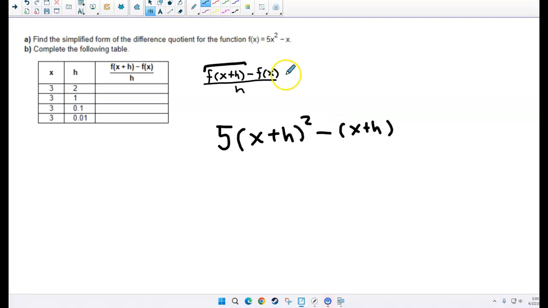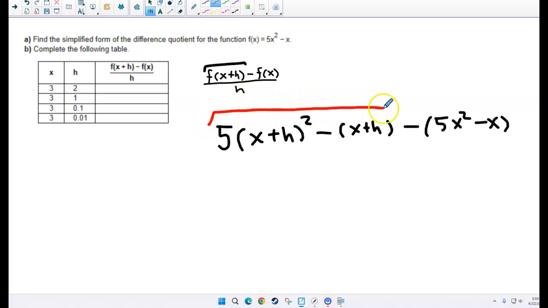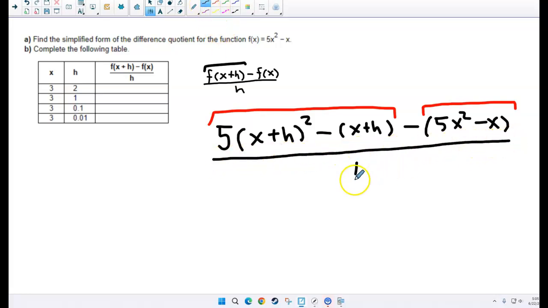It's made up of two terms here. And then we'll subtract f of x. So f of x is just the function, and the function is two terms, so we'll put it in parentheses since we're subtracting. We've got 5x squared minus x. So here, this piece is f of x plus h minus f of x. And this whole thing is over the denominator h.